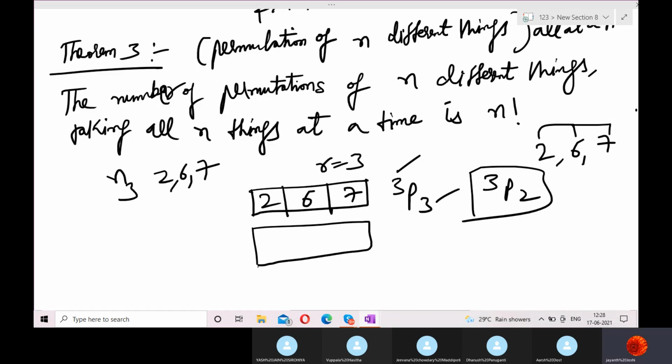So you have to take all of them at a time. All the three numbers you have to arrange in three spaces. Three-digit numbers out of three numbers. So 267, and what else can we do? 276.